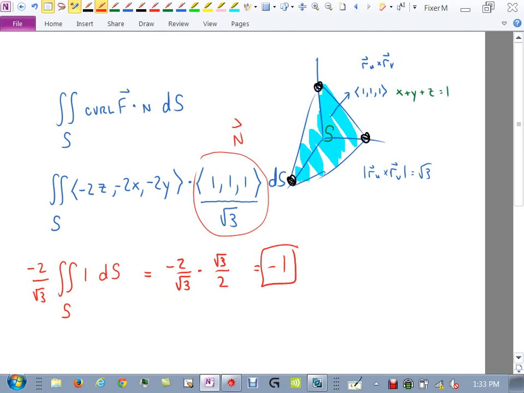Do you see the difference, though? Just keep in mind, this is the area of S, as opposed to the area of D in the previous problem. All right, pretty interesting, right? I like that. Moving on.